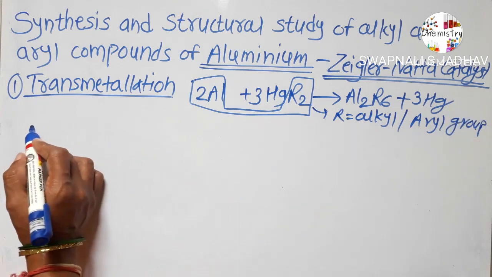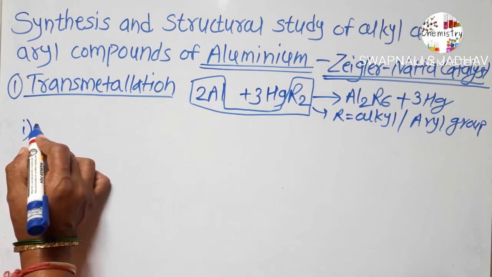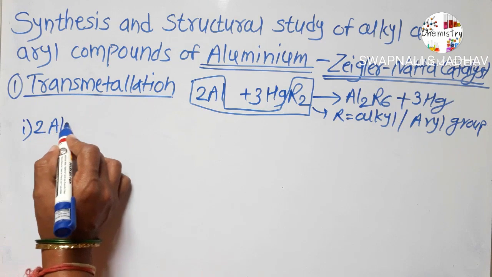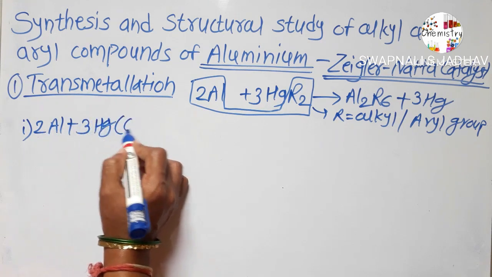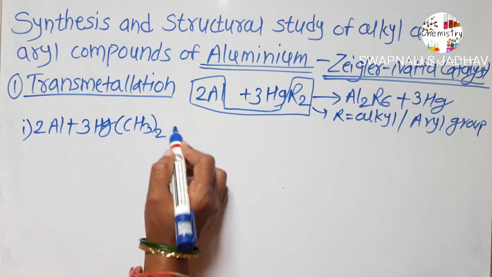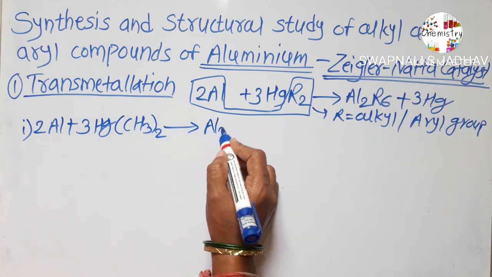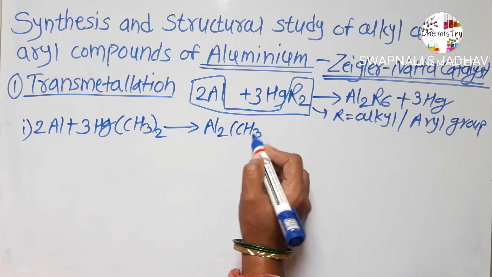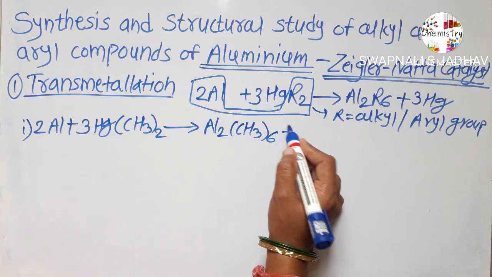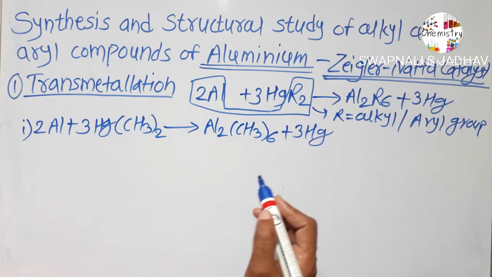Now we see examples. For example, when aluminium is reacted with Hg(CH3)2, which organometallic compound is formed? Al2(CH3)6 plus removal of 3 Hg.